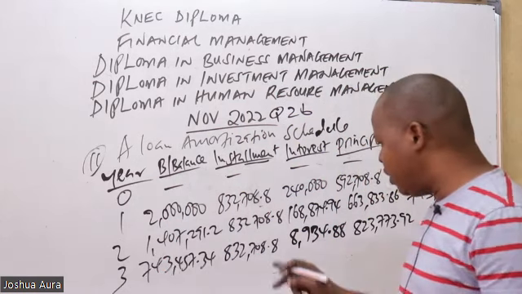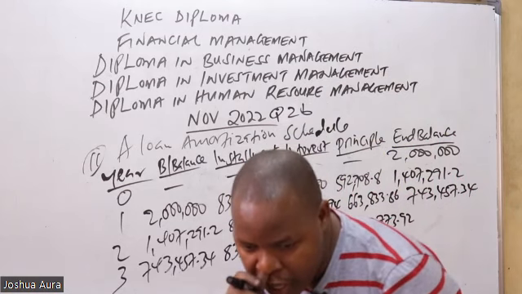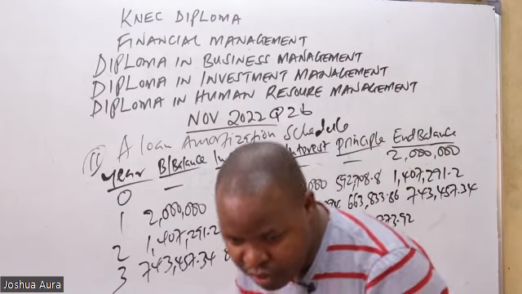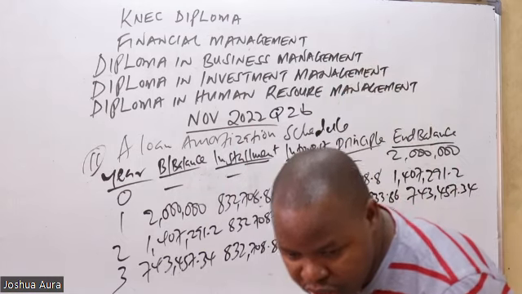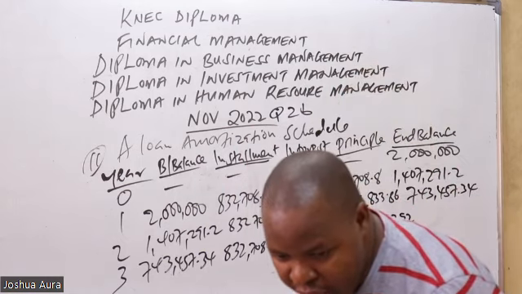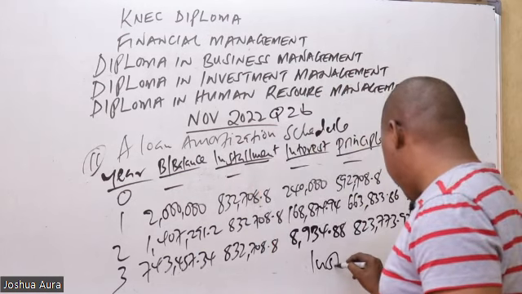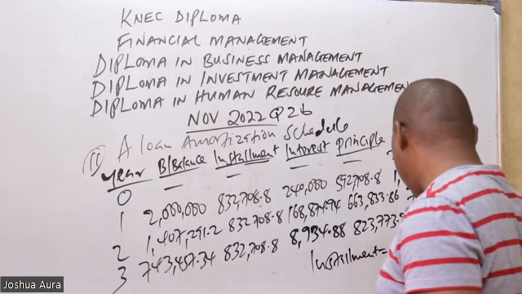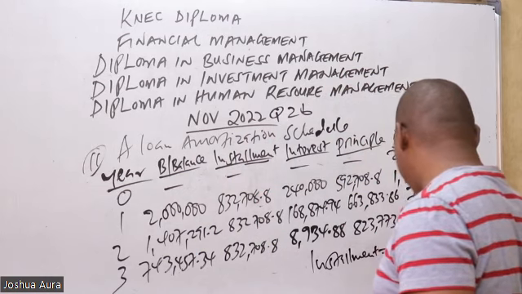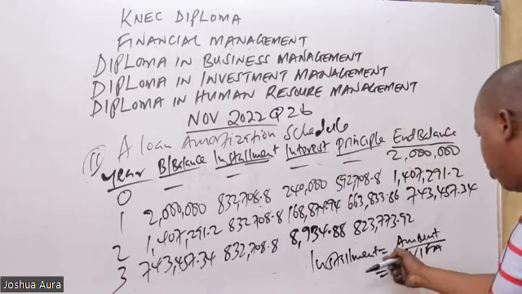Can we redo our annual installment? We said installment is equal to the amount borrowed divided by PVFA.